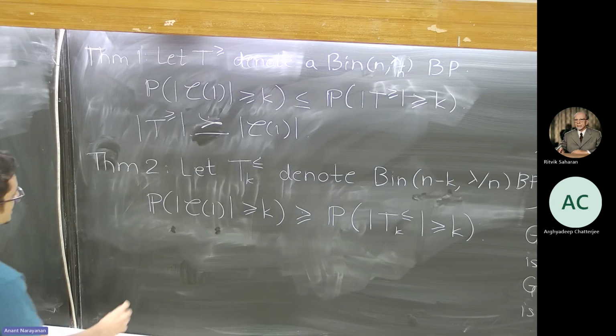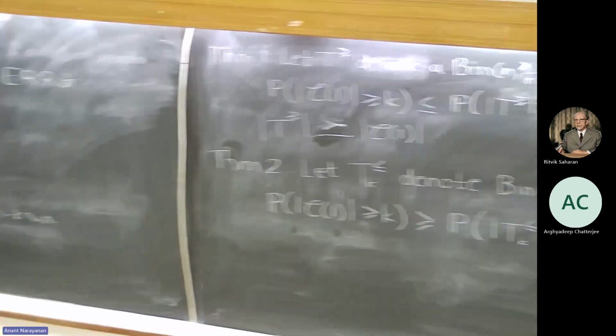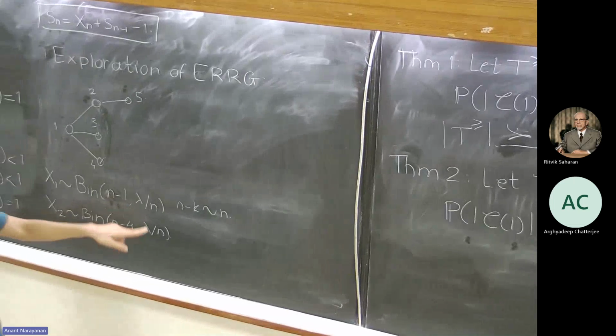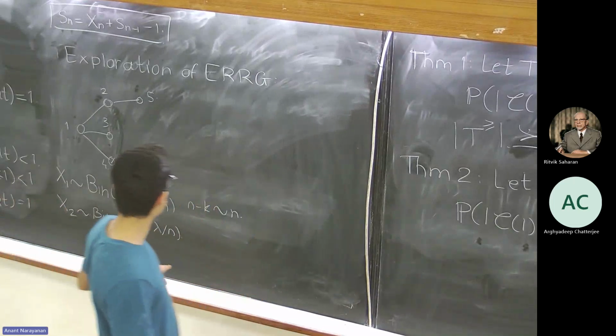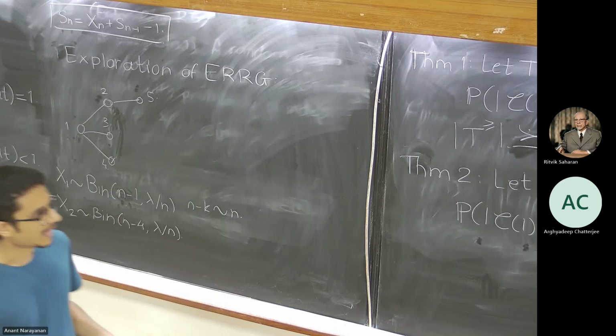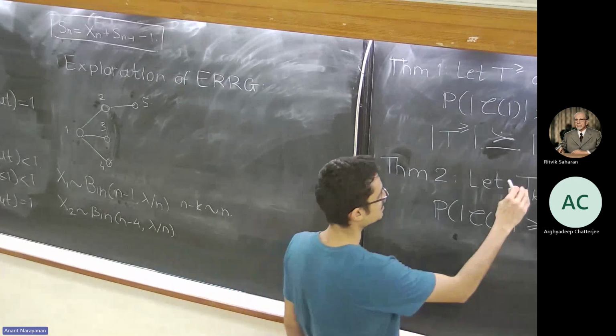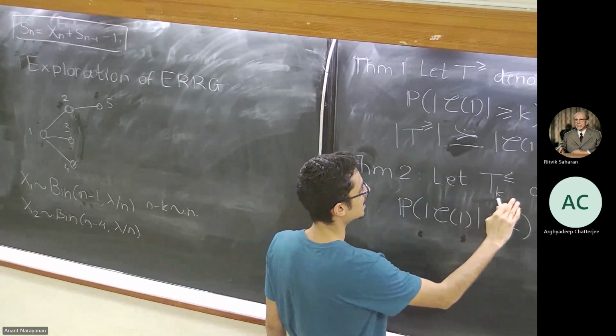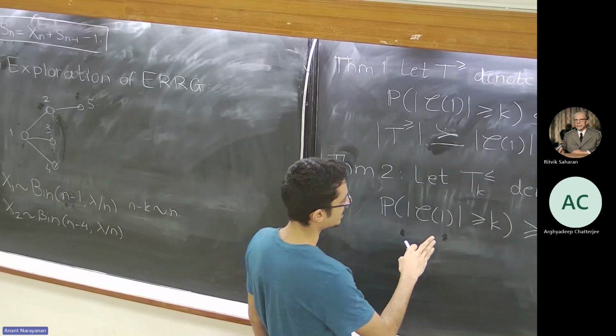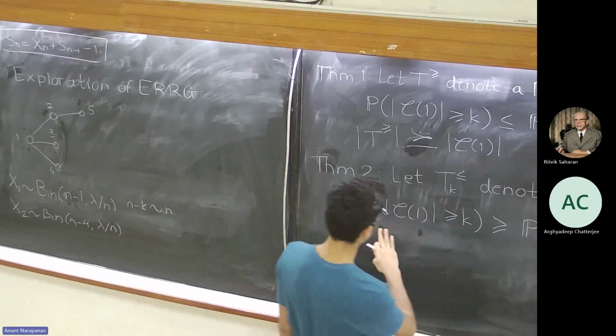So at each instance your number of available vertices keeps decreasing, but I keep track of till what point it stays above n minus k. And up until that point, this branching process is stochastically dominated by the number of neighbors in the random graph.